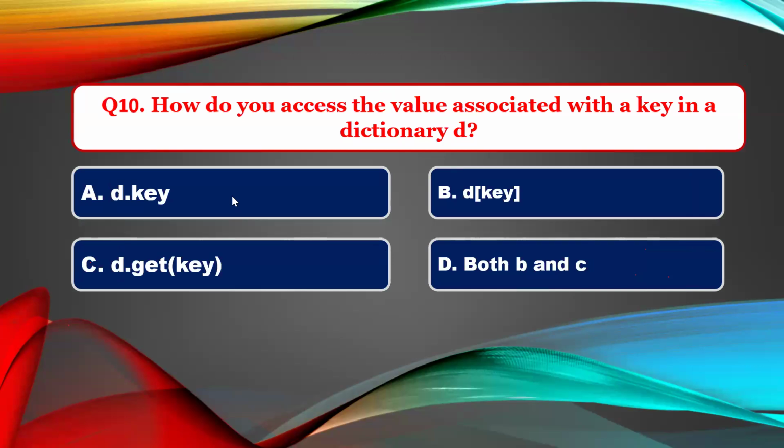How do you access the value associated with a key in the dictionary?